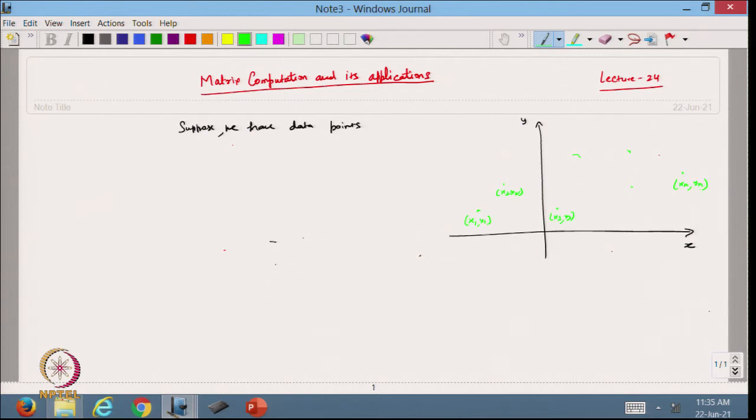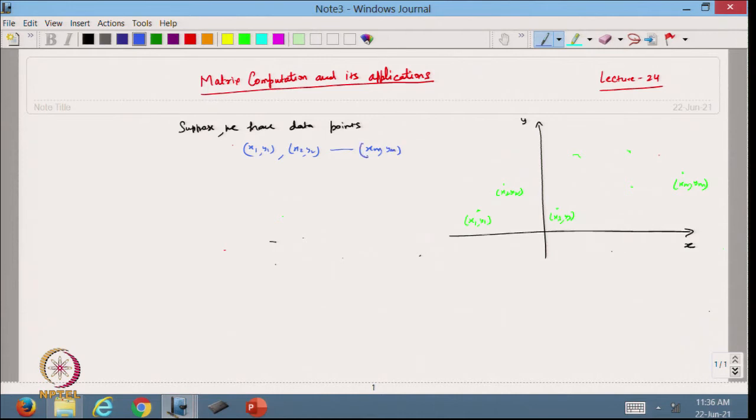So, in this case suppose I have m number of elements. So, suppose we have the data points x1 y1, x2 y2, up to xm ym.